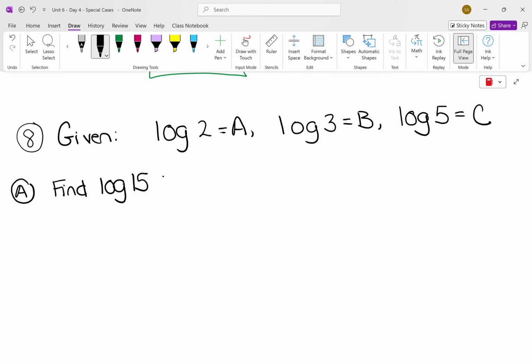The first thing I want to do is find log of 15 in terms of A, B, and/or C.